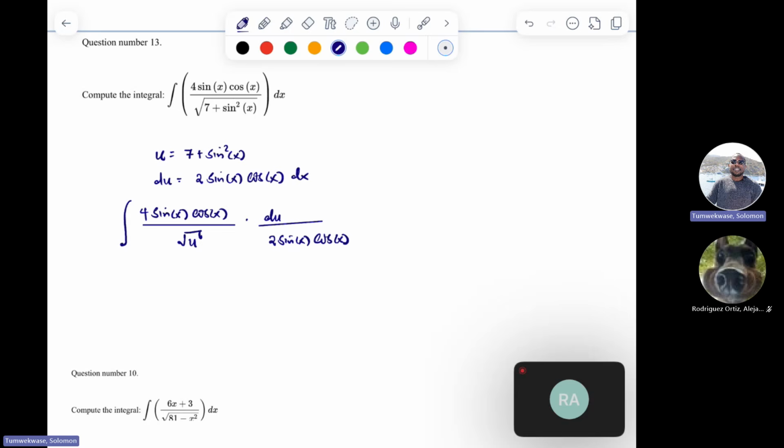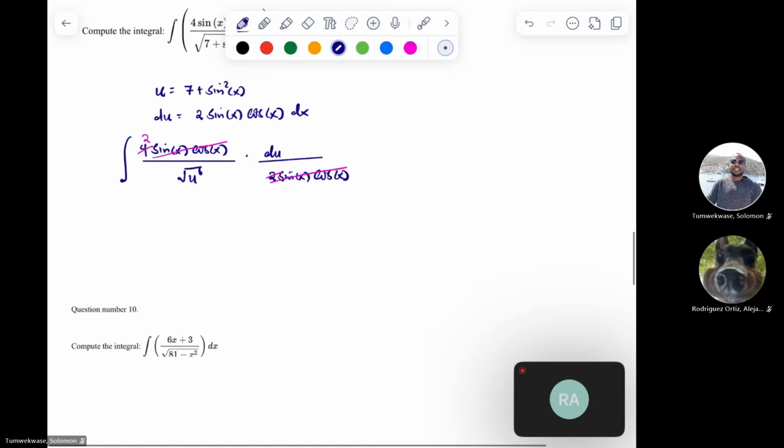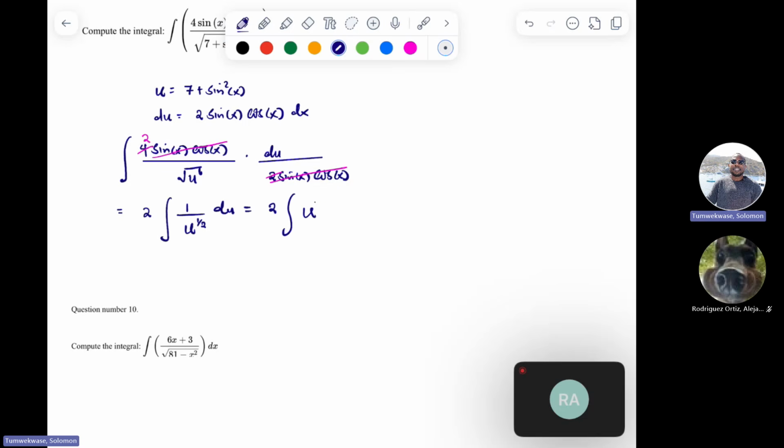So the sine of x cosine of x will cancel, and the 2 will also reduce this 4 by 2. So finally, I have 2 times 1 over u to the power half du, and this is 2 integral of u to the power negative half du.